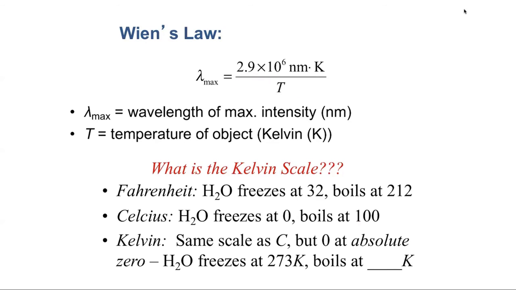The equation is a number divided by T on the other side. This is a little confusing sometimes. Usually we'll have a constant here, but this is just a constant, 2.9 times 10 to the 6, and it has units of nanometers times Kelvin. So these aren't variables. This is a single number with units, nanometers Kelvin. Divide that by the temperature, and you get the peak wavelength of that particular object.